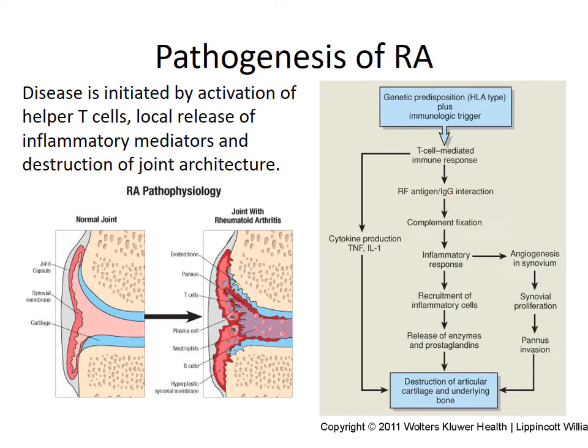Complement comes to the party, cytokines are produced, and there is significant inflammation. Inflammatory cells are also coming, which release enzymes and prostaglandins that chew up the cartilage and the bone.